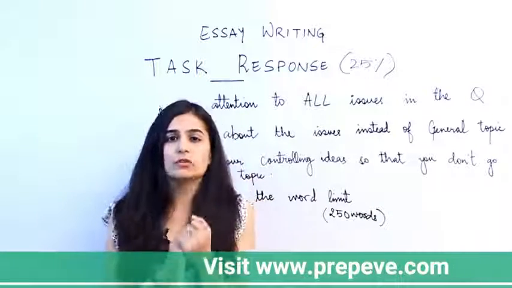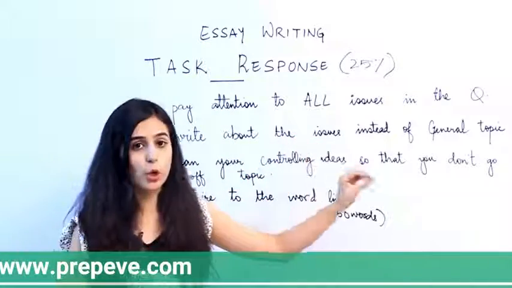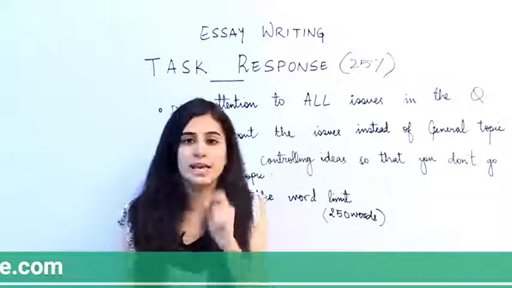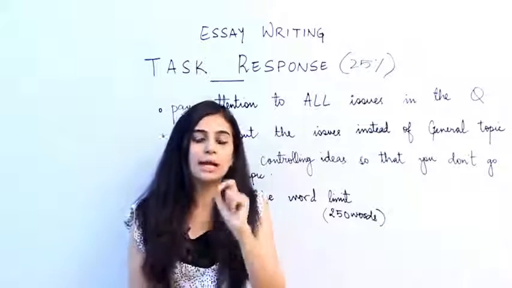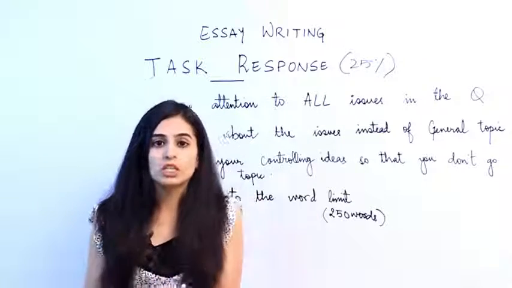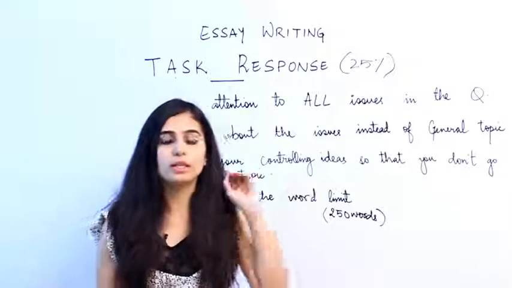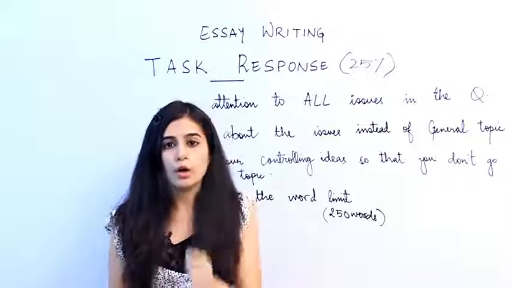And I've assessed 150 plus essays of this particular topic, and I have come across the same mistake in which you guys have dealt with the impact of tourism on national economy or development instead of focusing on the impact of tourism on local culture.